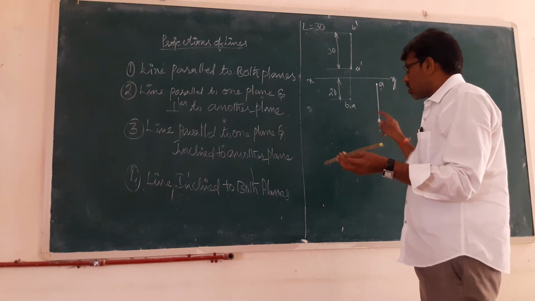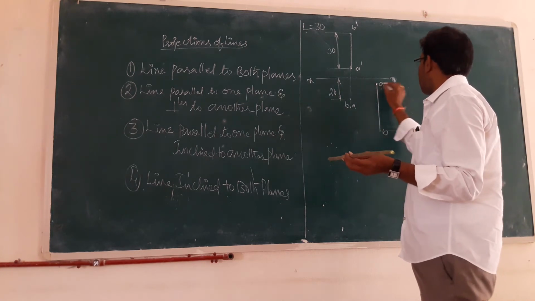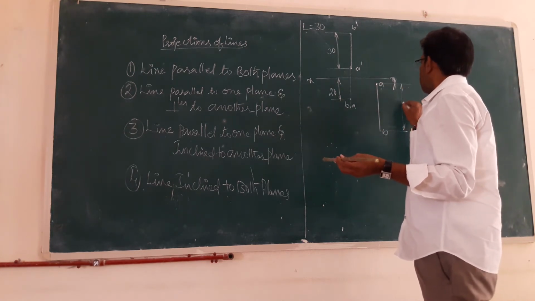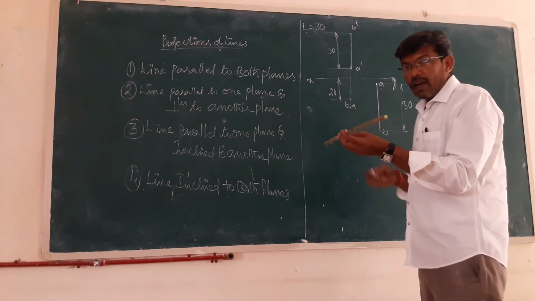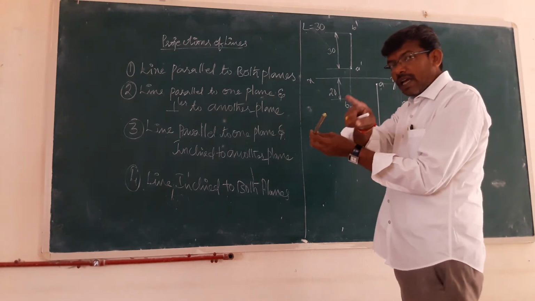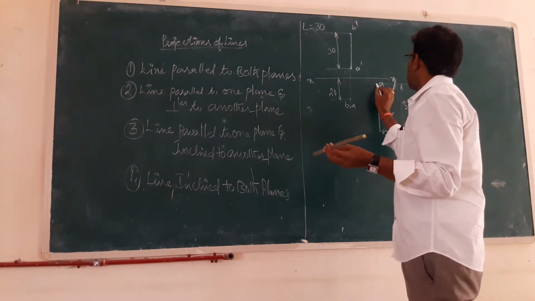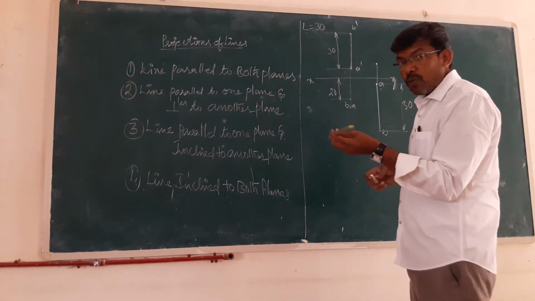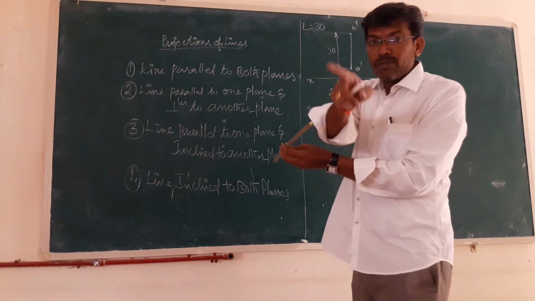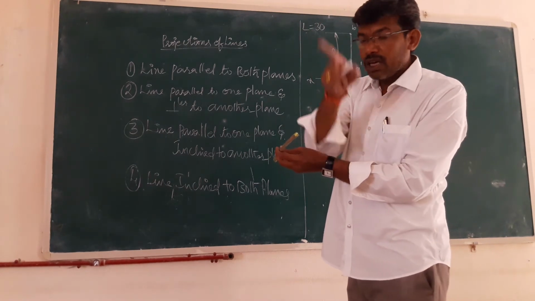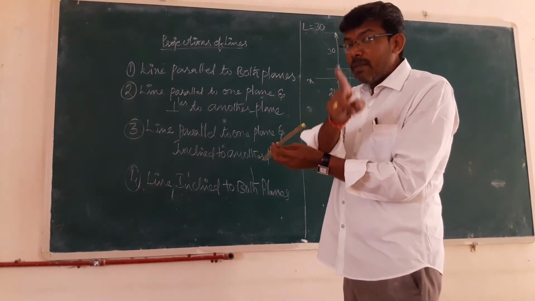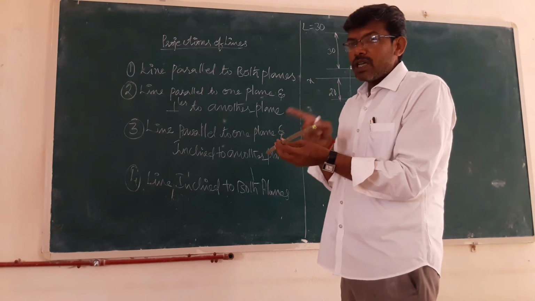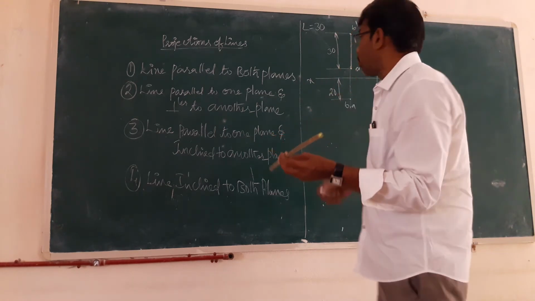Okay, this is the top view where the length of the line is 30, and the front view looks like a single point. Simply I extend it and I will put a point here, and which point is seen? This is A and this is B. Now B dash comma A dash. Why B dash comma A dash? Because we are representing in the front view.